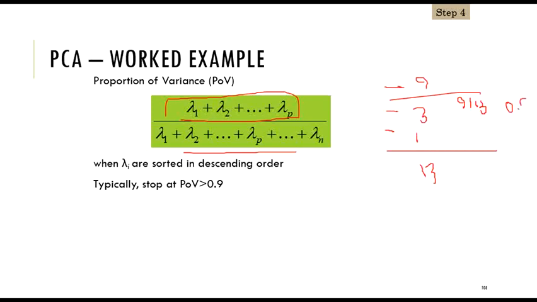9 divided by 13 will give me a value that is closer to, let's say, 80%. Okay, and 80% is good enough for me, so I can just use one feature, the one which has the eigenvalue of 9. Then I can also make the combination of 9 and 3, and 9 and 3 gives me the value of 12. And if I divide 12 by 13, I get more than 95% information. And 95% information is what I require. Okay, or I can then use this subset.